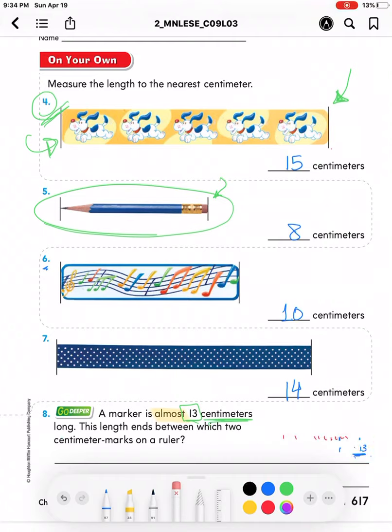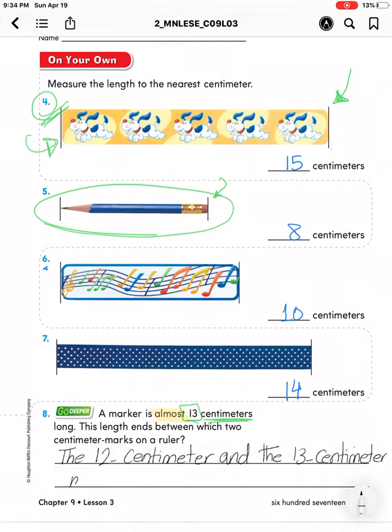The answer is as I have shown you now. Okay, the answer is the 12 centimeter and the 13 centimeter mark.